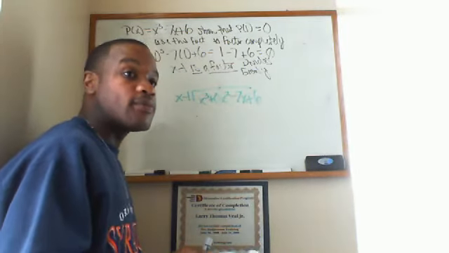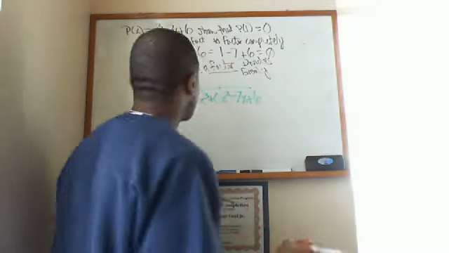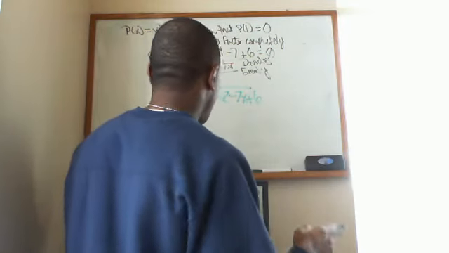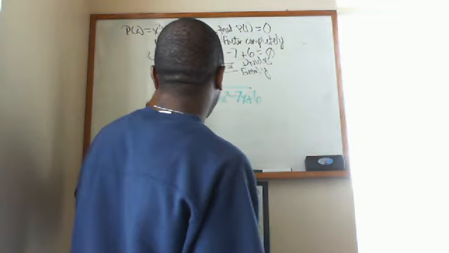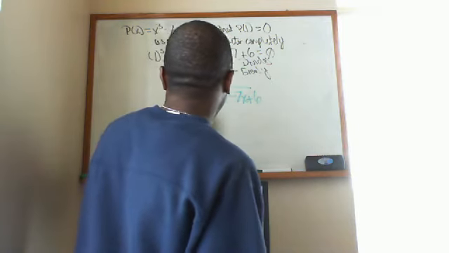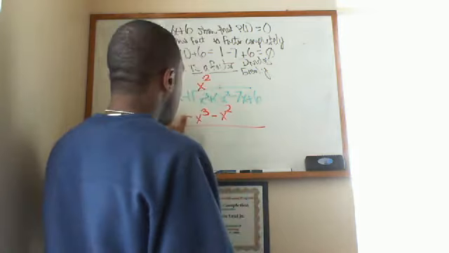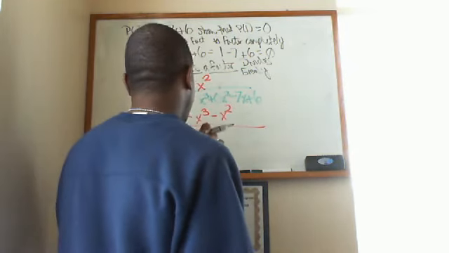Well, what we do is we would divide this to that, right? You get x squared. So it'd be x squared, right? So x cubed minus x squared, line, subtract here. Notice, you guys, you subtract instead of add on long division.